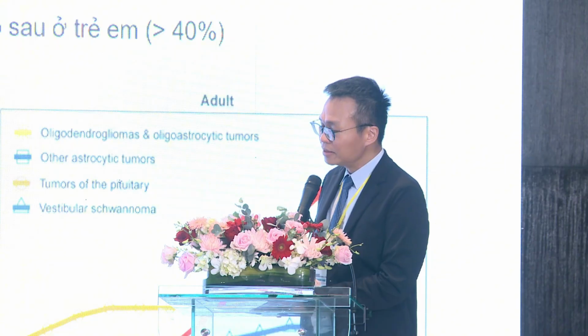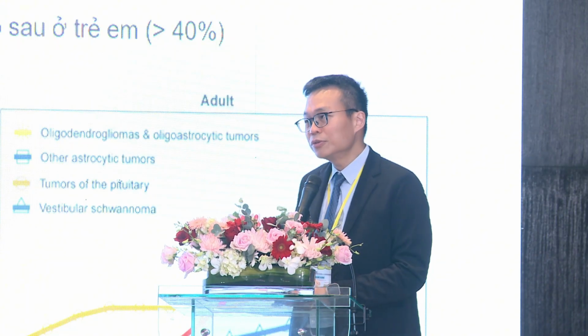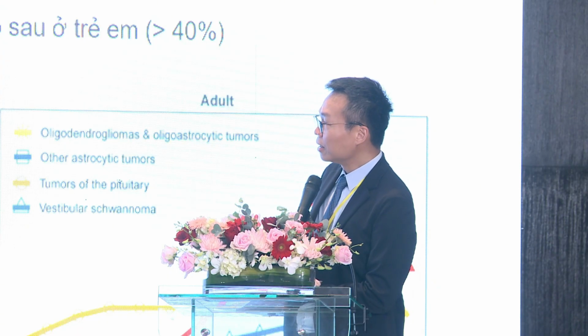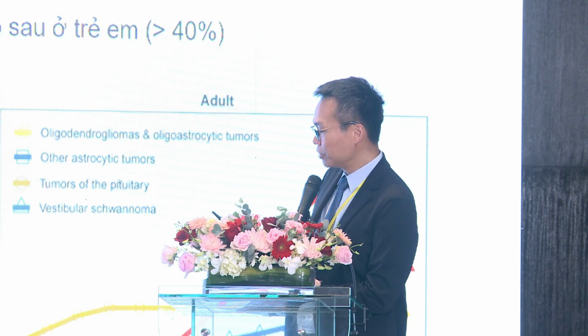That goes directly to the brainstem and tonsils, and here's the spinal cord. This is most often used for pediatric brain tumor patients, for example, medulloblastoma. Medulloblastoma is the most common malignant brain tumor in children.